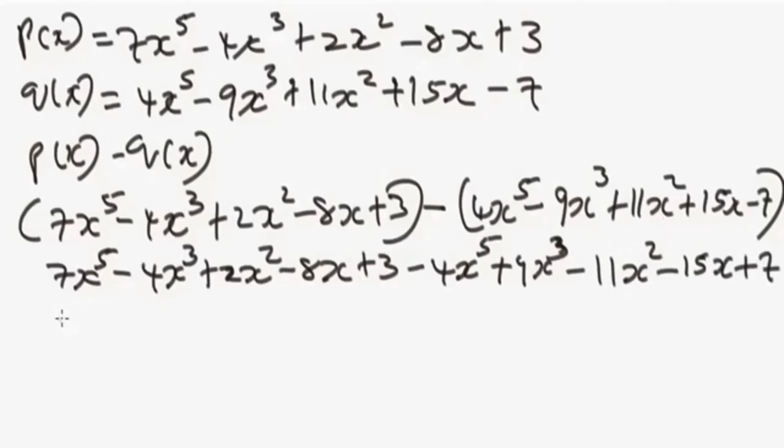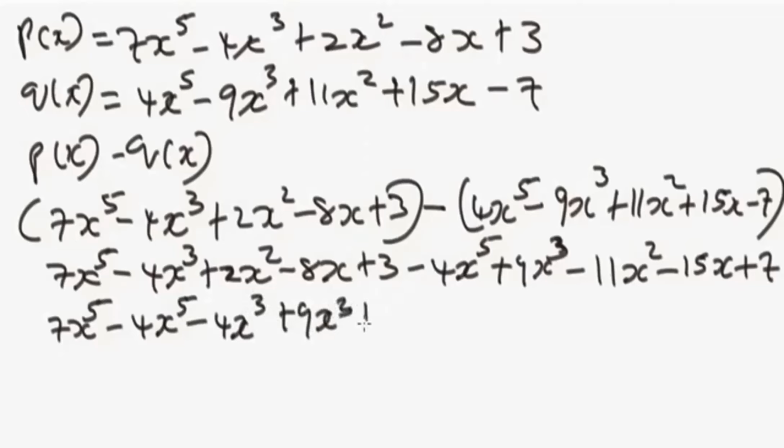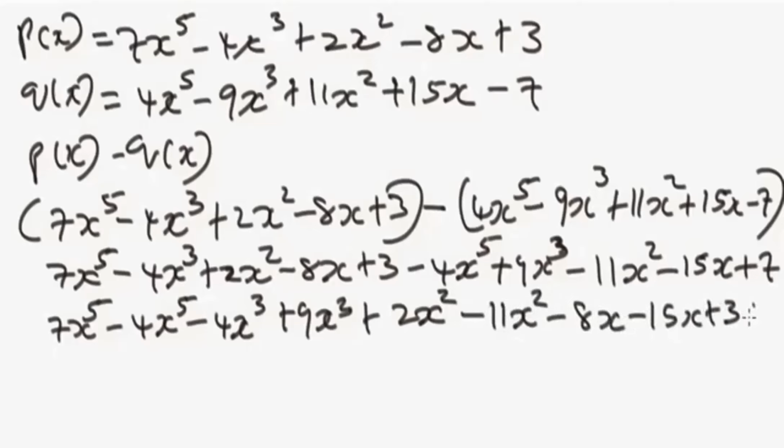You collect like terms, you are going to have 7x to the power 5 minus 4x to the power 5, minus 4x cubed plus 9x cubed, plus 2x square minus 11x square, minus 8x minus 15x, plus 3 plus 7.